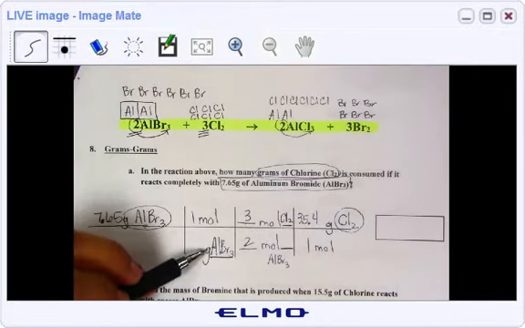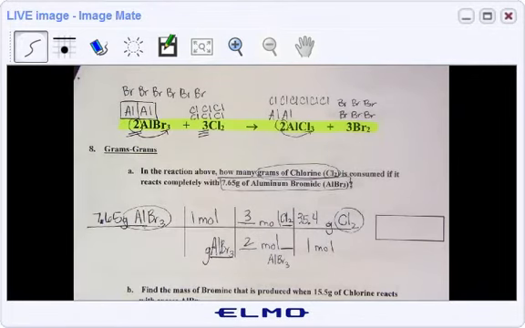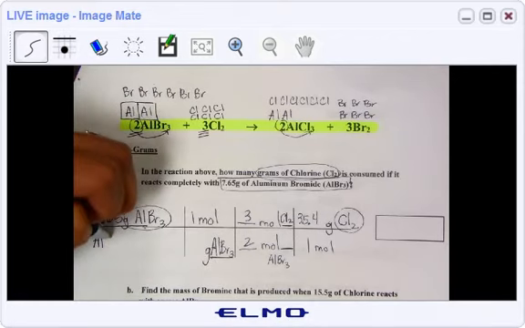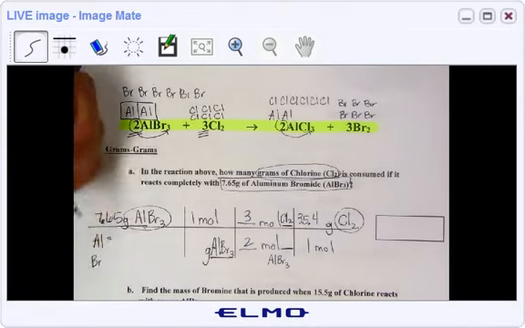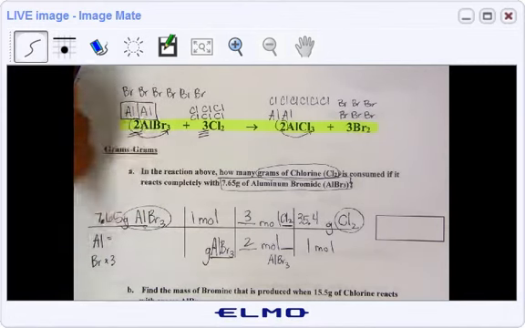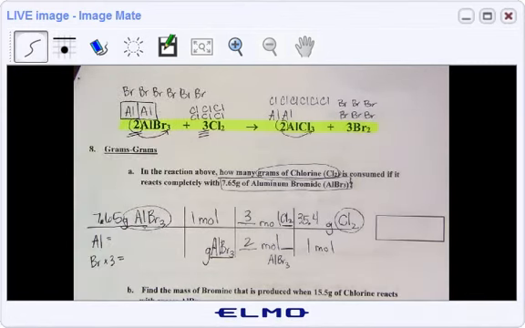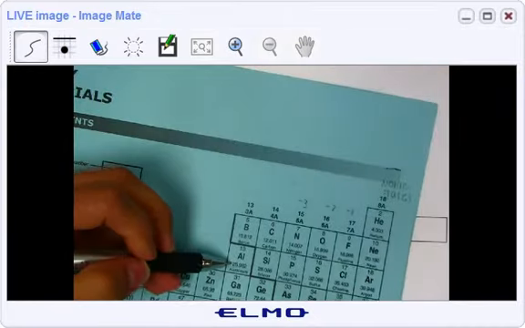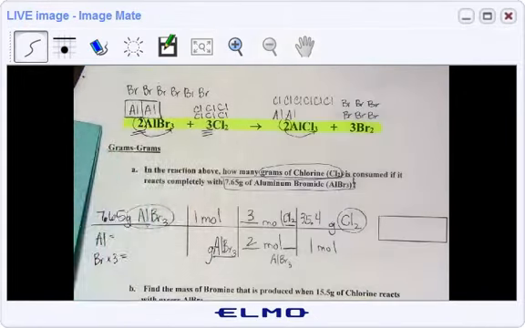What's the grams of AlBr3? You have to look this up. Find the weight of aluminum, find the weight of bromine, but make sure you times it by 3 to get a number. So I'm looking at my periodic chart. Aluminum is 26.9.